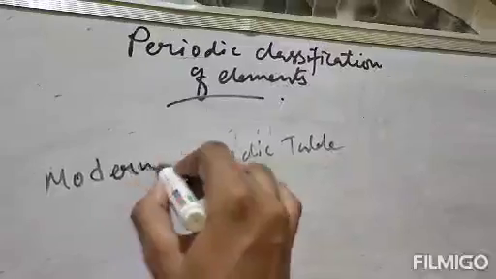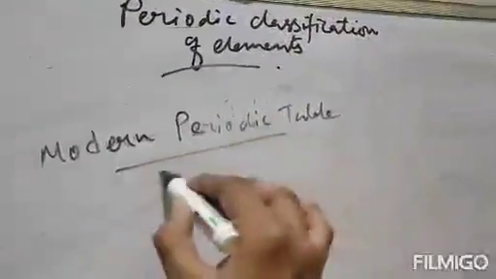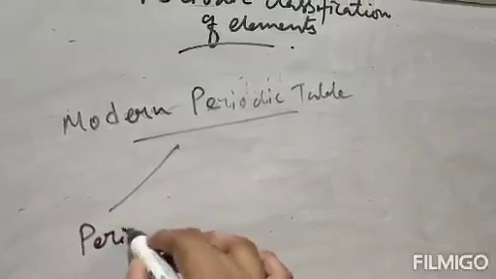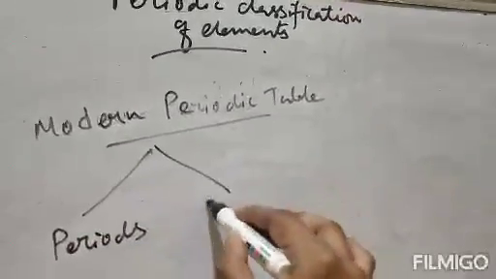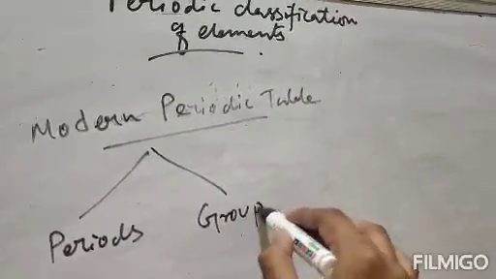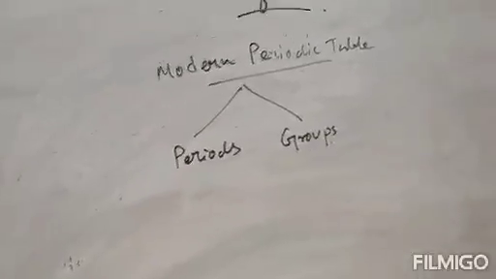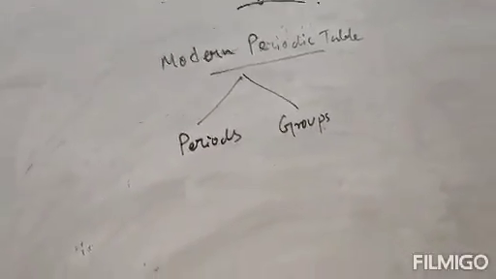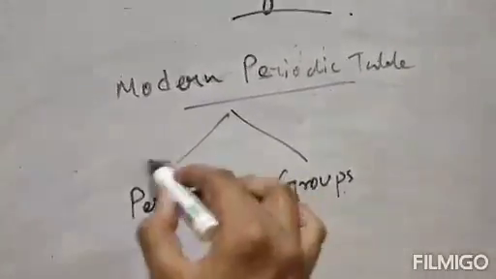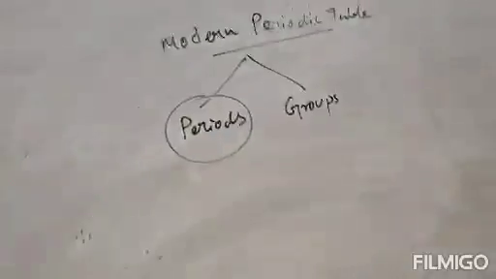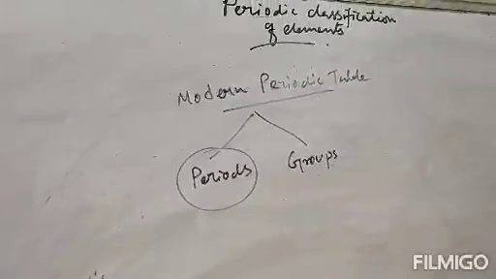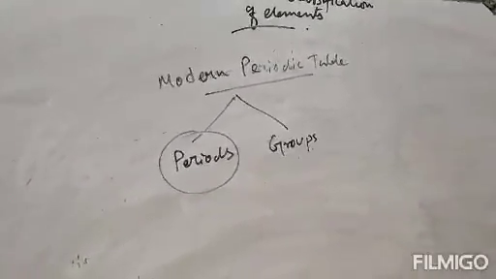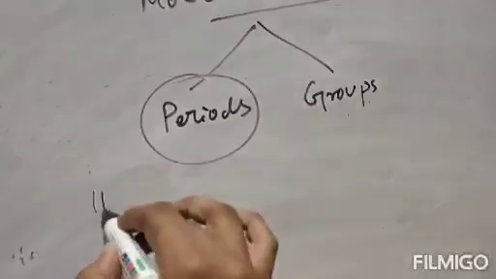there are two units. One is called periods and another is groups. Now what are periods? Periods are the horizontal rows in the modern periodic table.